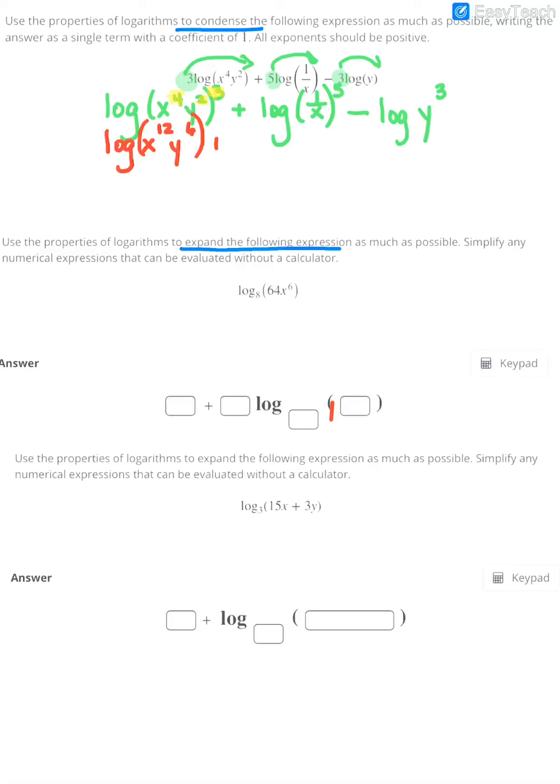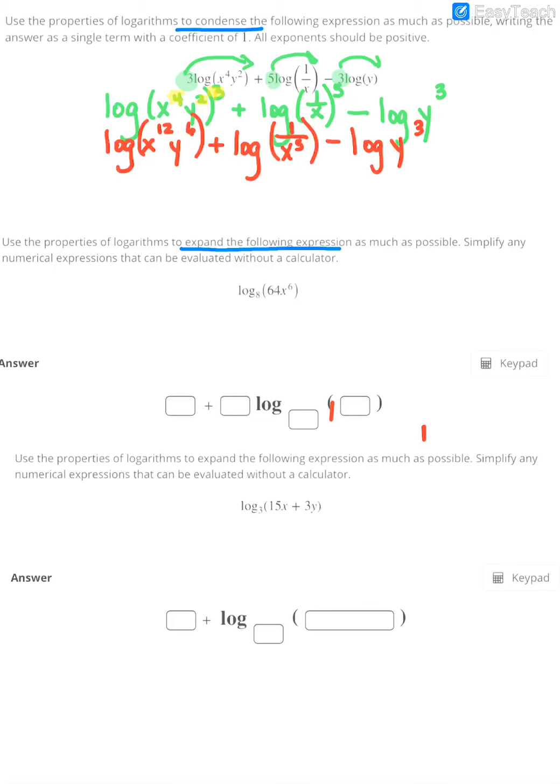I can continue on the next log as well. Even with a fraction, you can apply that power to both the top and the bottom. So on top, when I raise 1 to the power of 5, it's still 1. And on bottom, x to the power of 5 would be x to the 5th. And then, of course, the last term, there's nothing to simplify.